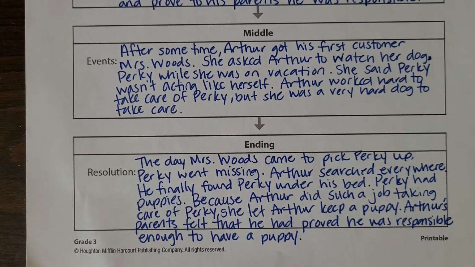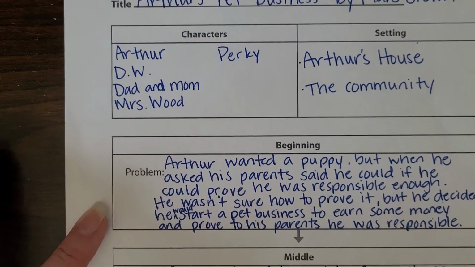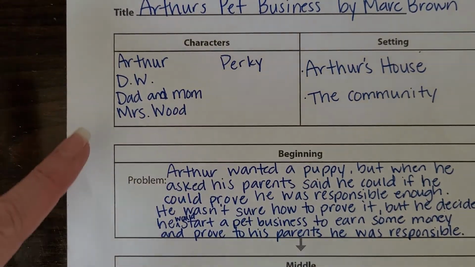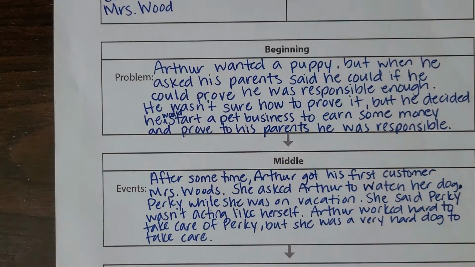Because Arthur did such a good job taking care of Perky, Mrs. Wood let Arthur keep a puppy. Arthur's parents felt that he had proved he was responsible enough to have a puppy. So this graphic organizer helped me find the plot elements and the sequence of events, including the problem and the resolution.